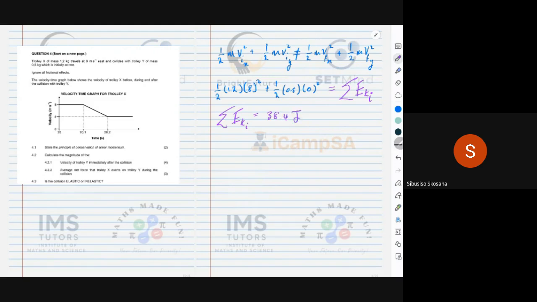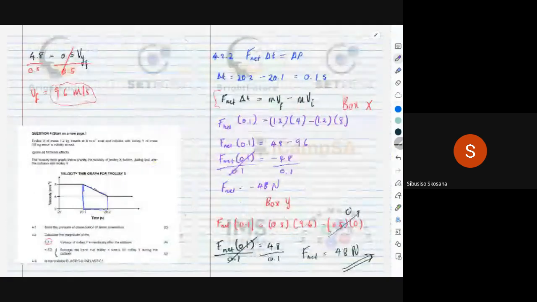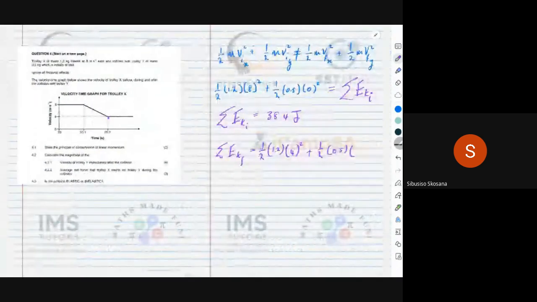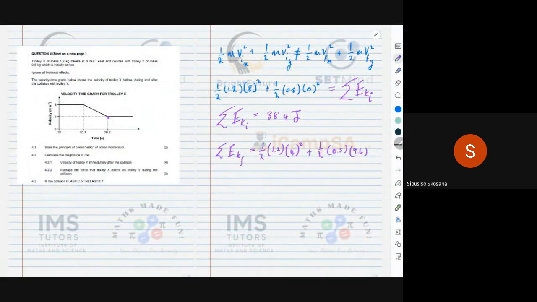Okay, this is your kinetic energy. Then for F, this is going to be 1 over 2. Same, we start with 1.2. Then this is going to be 4 squared, which is final here, remember, for trolley X. Then plus 1 over 2 times 0.5 times what is our final velocity for Y. It's what we calculated here. We calculated it all. There it is, 9.6. So this is going to be 9.6 squared.